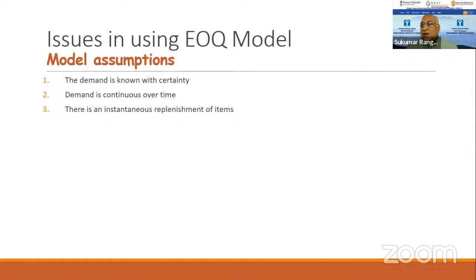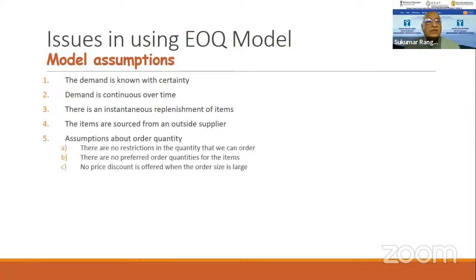I'm sure even in hospitals they do this; it is not taken directly because there is a sampling done, there is a check done. In some items, there may be a lab test also, which needs to be done unless it is from certified quality. Then the items are sourced from an outside supplier.